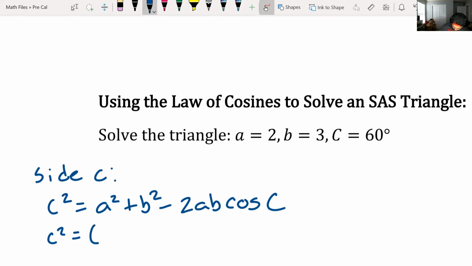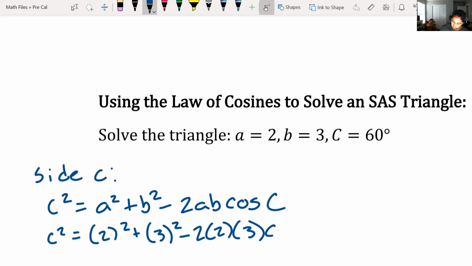C squared equals 2 squared plus 3 squared minus 2 times 2 times 3 times the cosine of 60 degrees. Make sure your calculator is in degrees.